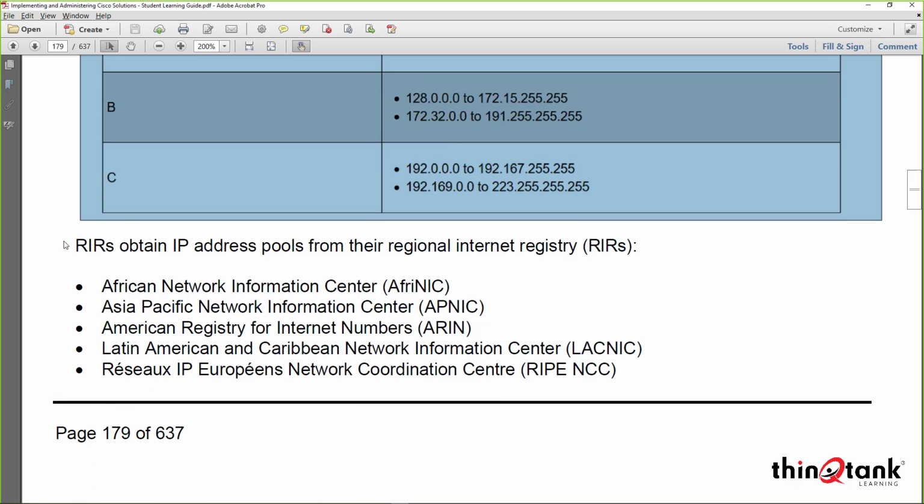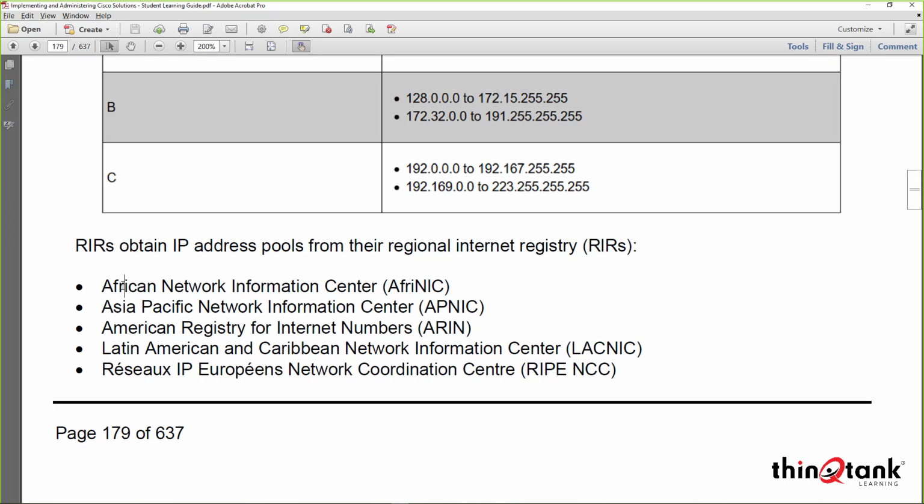And the regional internet registries, we talked about this earlier. There are 5 regional internet registries: AFRINIC, the African Network Information Center; APNIC, the Asia Pacific Network Information Center; ARIN, the American Registry for Internet Numbers; LACNIC, the Latin America and Caribbean Network Information Center; and RIPE NCC, the European Network Coordination Center.